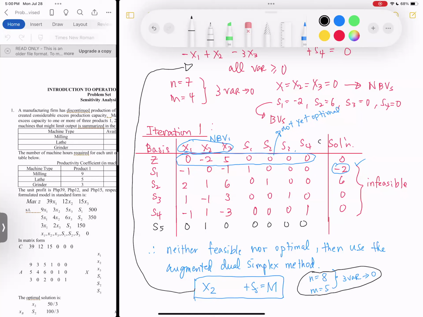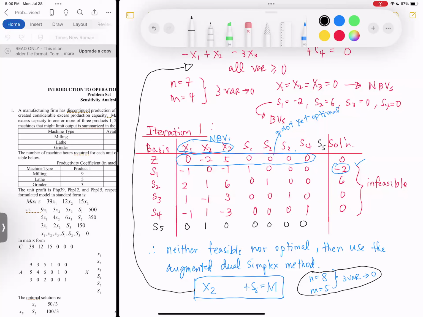And you will add an S5 column here. Okay, so this is like scratch work. Again, class, when you're doing dual simplex, and your Tableau is not super optimal, it is neither feasible nor optimal, like in this case, your first iteration becomes like a scratch work. It becomes like a scratch paper of some sort.